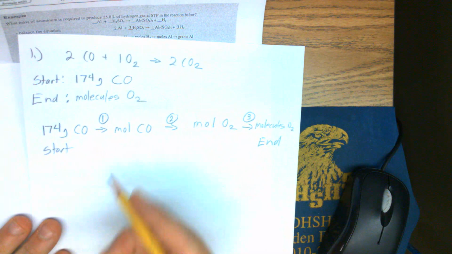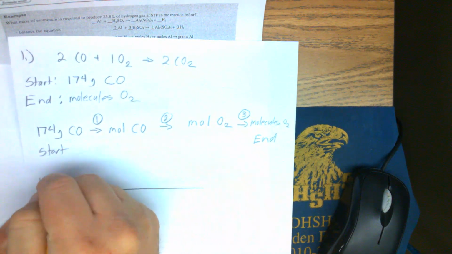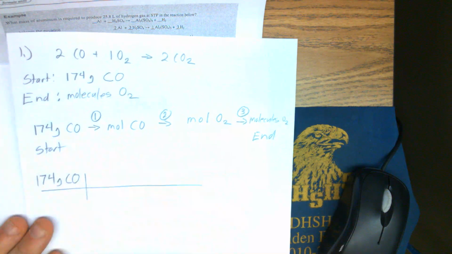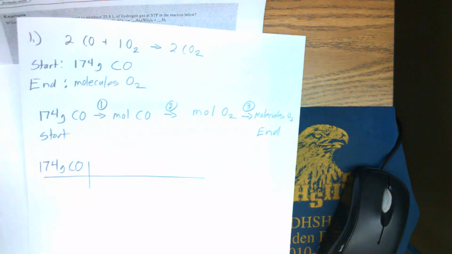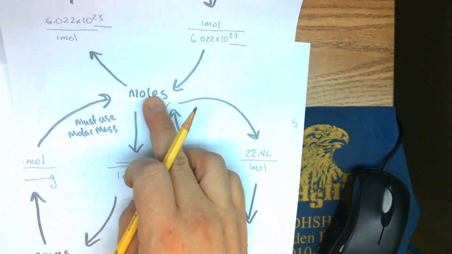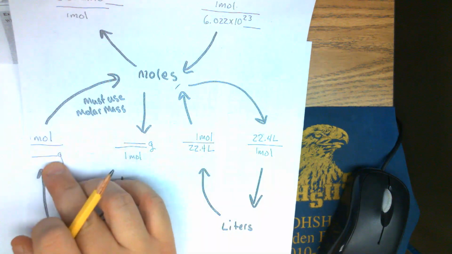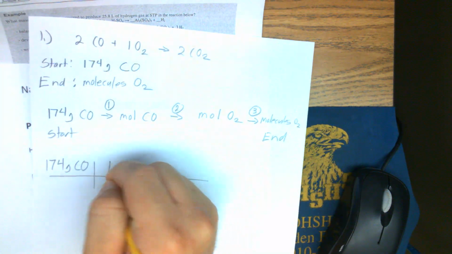Okay, for the first one, we're going to start off with 174 grams of carbon monoxide, CO. So we want to go from grams to moles. From grams to moles, we're going to use our molar mass. So 1 mole over so many grams.